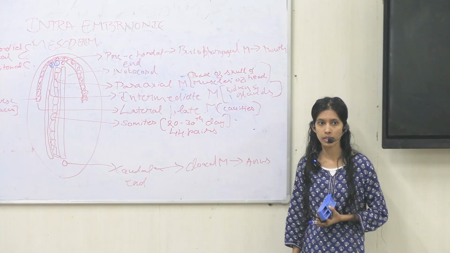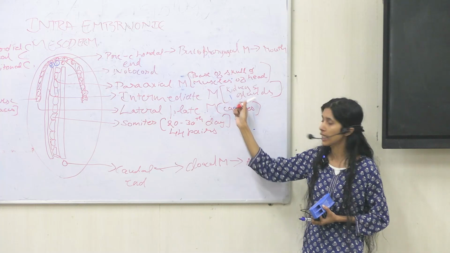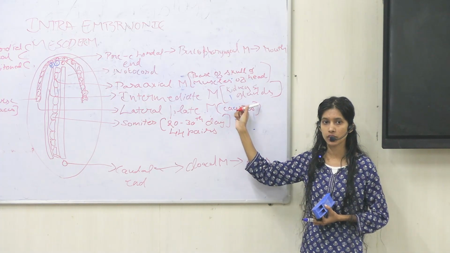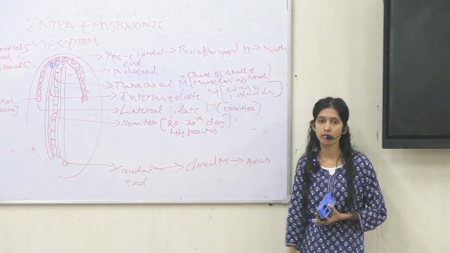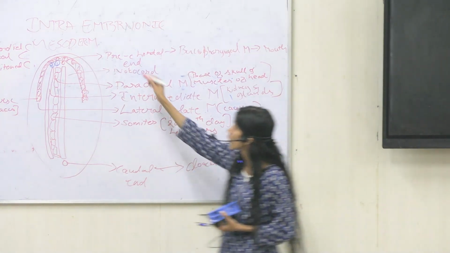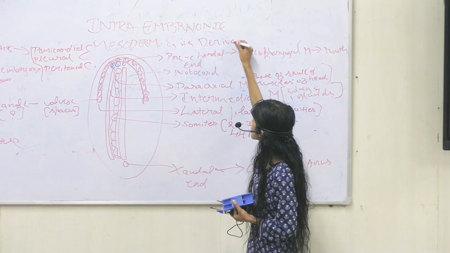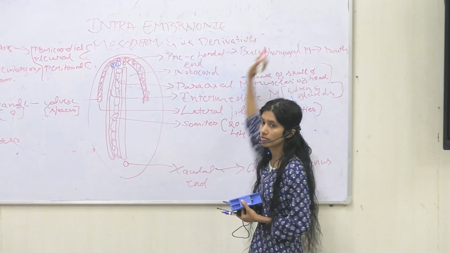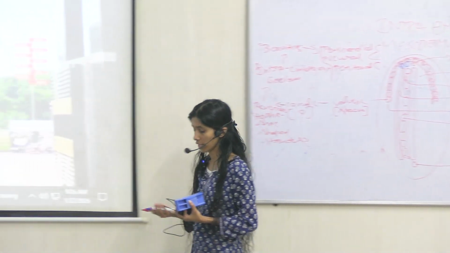Remember, the intermediate mesoderm will give rise to kidney and glands. Which glands? That also we'll discuss later. And remember the one word, nephric duct here. This is all about the intraembryonic mesoderm and its derivatives. Any doubts?